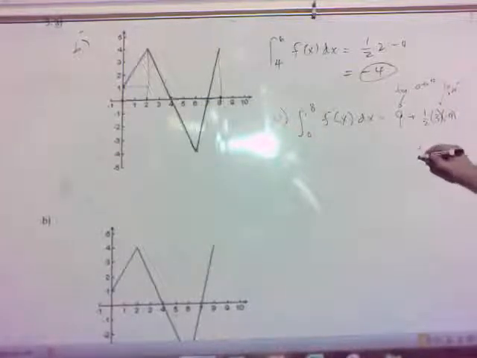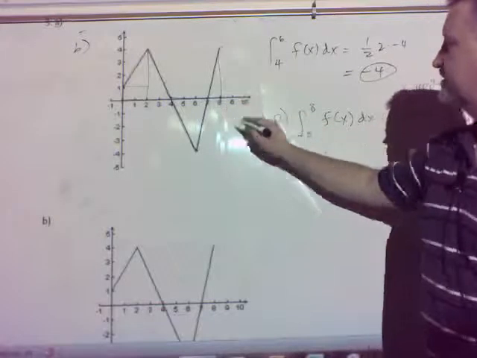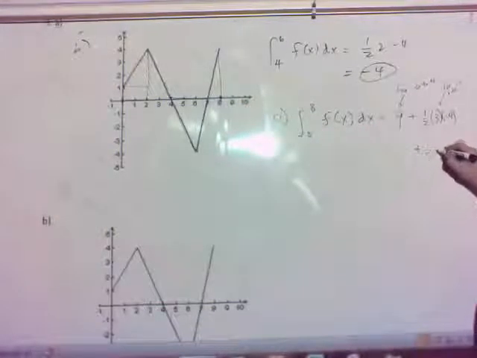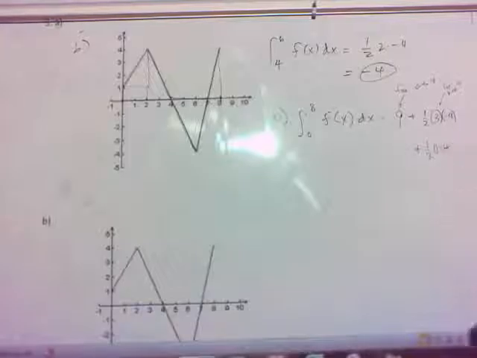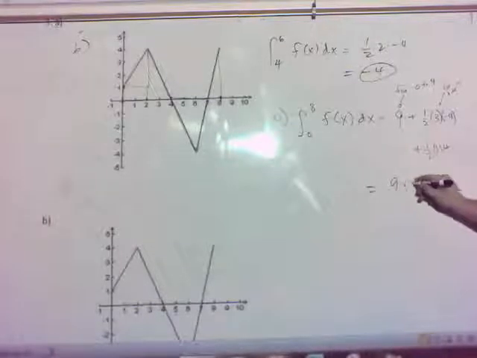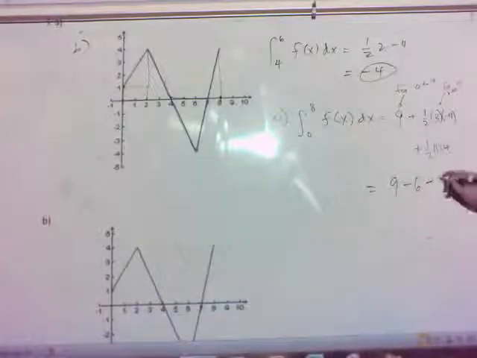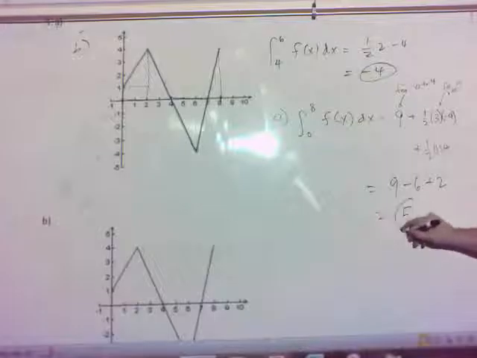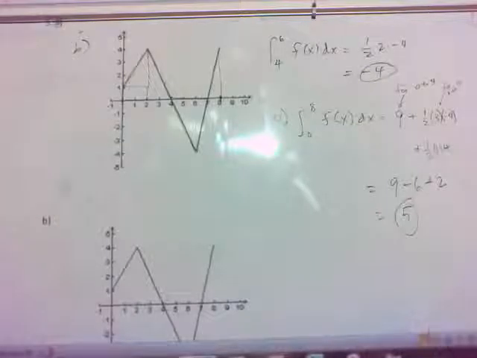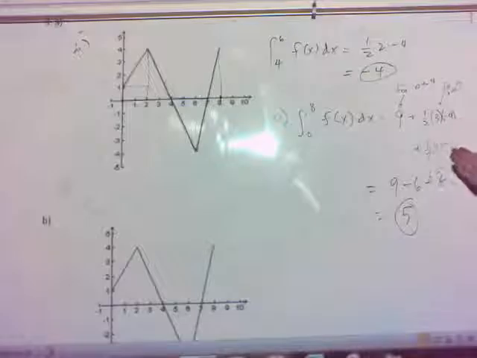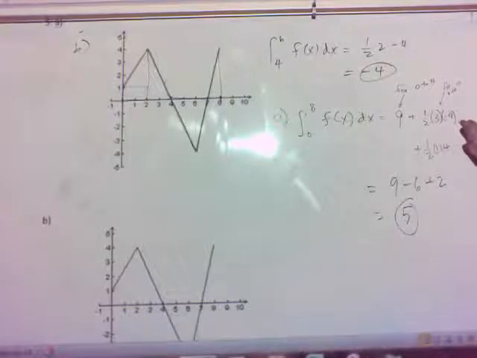And then the last one, well, it's a little small one, so it's a half by, what, 1 by 4? So yeah, we got 9 minus 6 plus 2. Is that 5 for C? Yeah, so you got the give and take. This one is going to be a negative 4 to 7. So, okay?